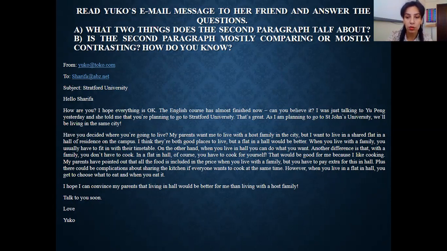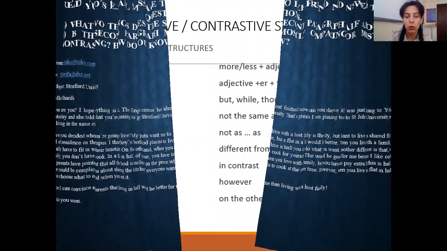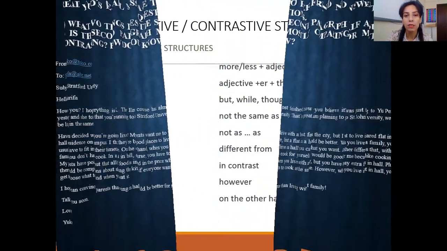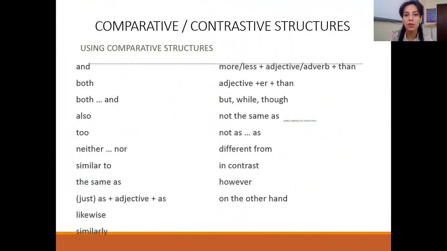We call them transitions. Comparing and contrasting transitions are divided into two: first, comparing transitions, and the second one, contrasting transitions, or comparative structures and contrastive structures.